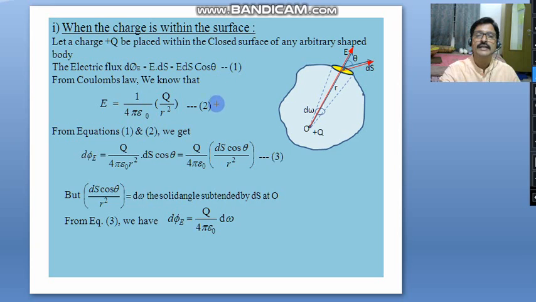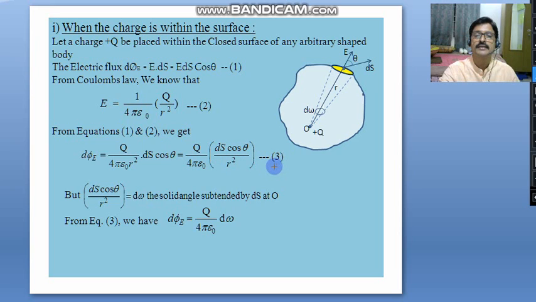From equations 1 and 2, we get d phi E equal to Q by 4 pi epsilon naught R square times ds cos theta, substituting the value of E. That is equal to Q by 4 pi epsilon naught times ds cos theta by R square.